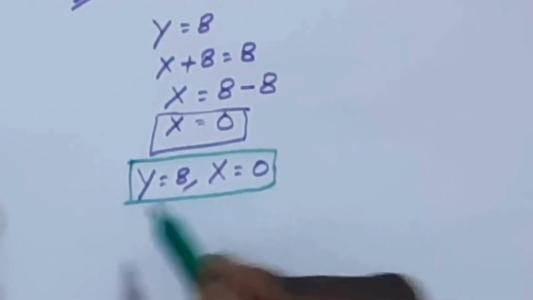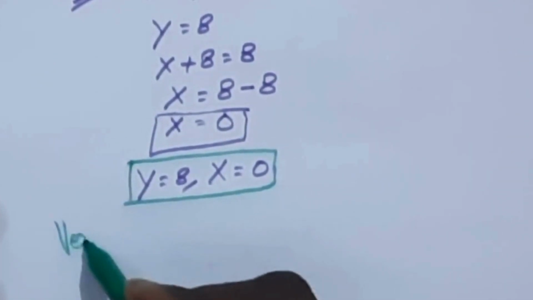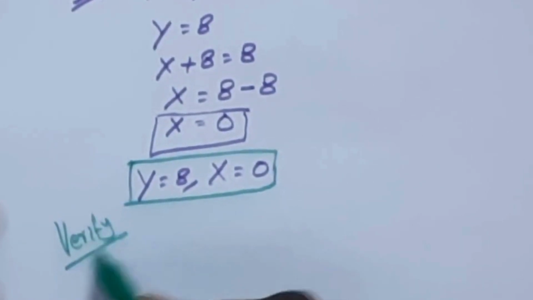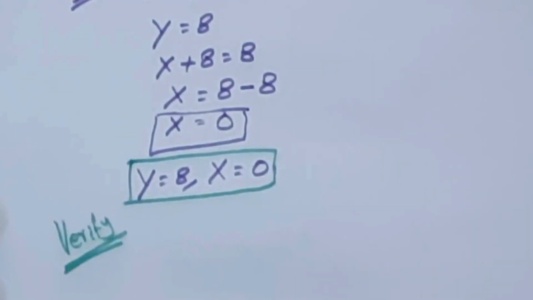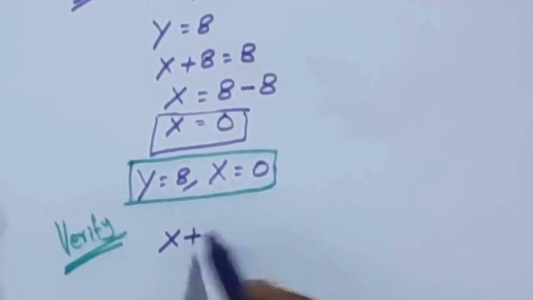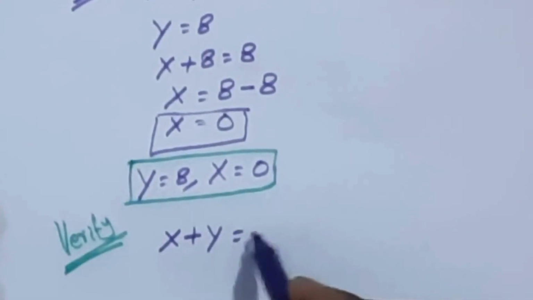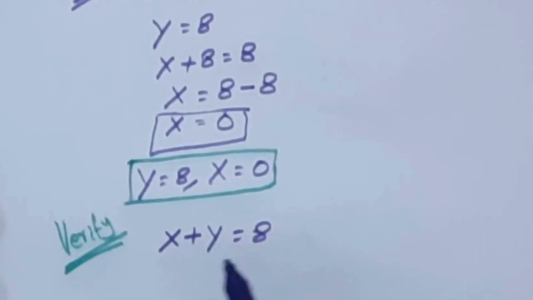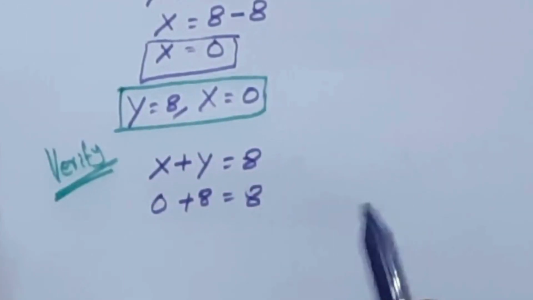answers. Now we are going to verify this with the equation 1. x plus y equal to 8. x is 0 plus y is 8 equal to 8.